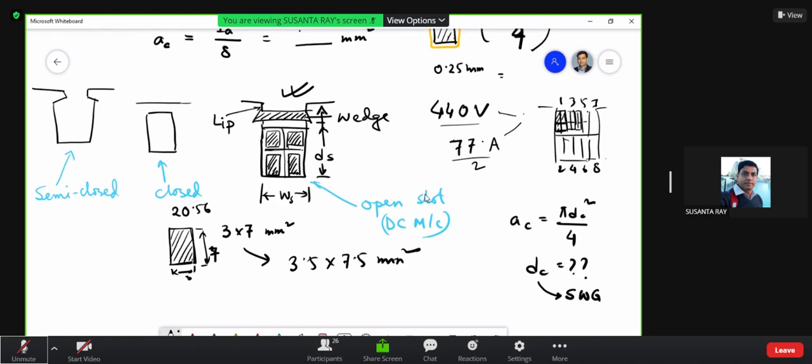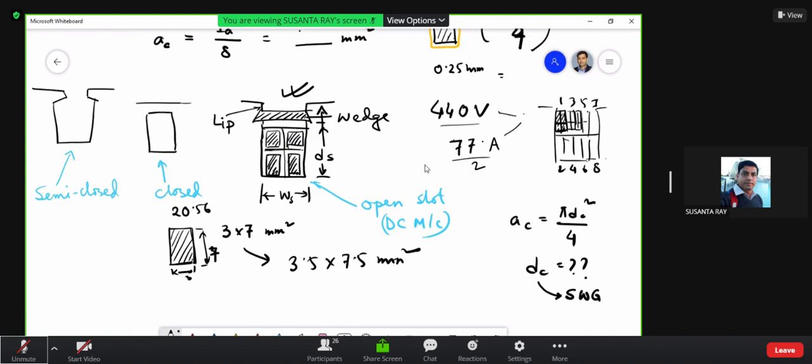So this conductor 1 is split into 4, like this. So actually if you have 8 conductors per slot, 8 into 4, 32 conductors per slot actually. You can think that way.